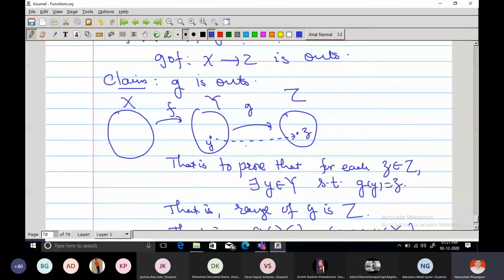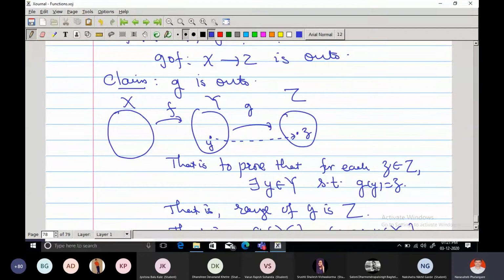Is it logically clear? Yes. So logically, if somebody asks you to prove that G is onto, you will say, give me an element of Z, I will produce a pre-image in Y. This is the process, right?